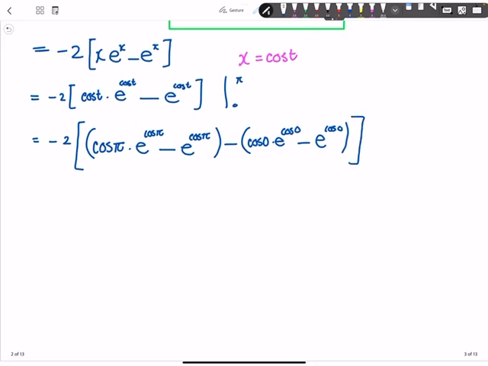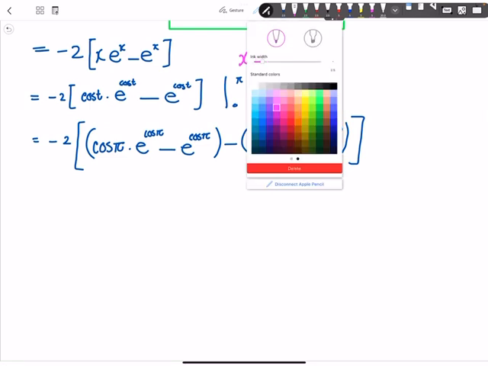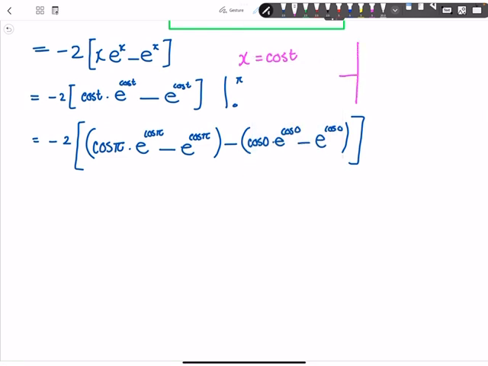And again, just because I know students are forgetful, this might be helpful. If we draw a graph for cosine of x, this is pi halves, here's pi, here's 3 pi halves, and then finally here is 2 pi. So that might help you spot those values a little bit faster.